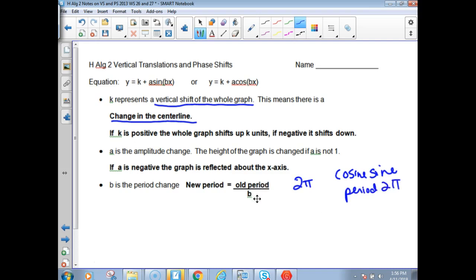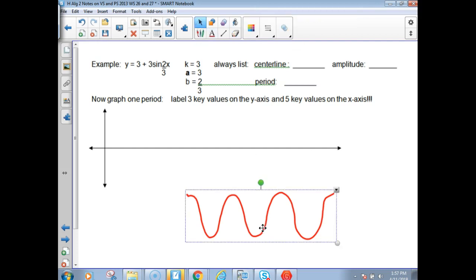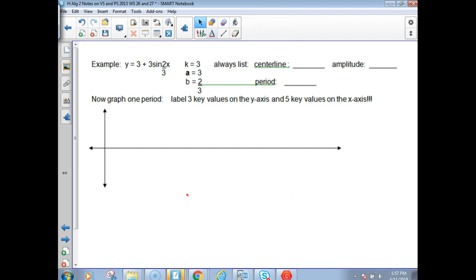So if you're going to be doing a change of period, you take 2 pi divided by B. Now, obviously, remember our reciprocal functions also would have the same period of 2 pi, which would be the secant and the cosecant. But we're only graphing the sine and cosine mainly and doing these shifts to them. That was just the shape of a cosine or sine wave.